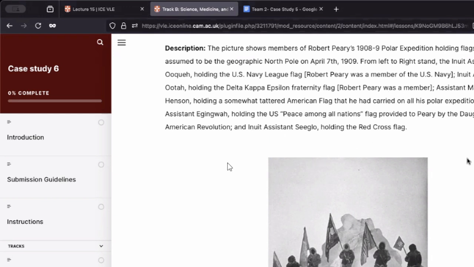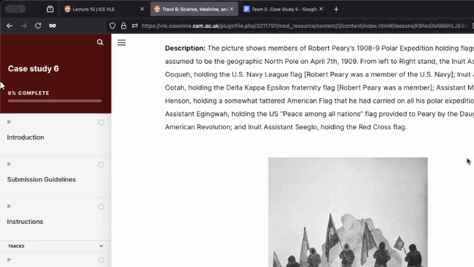Yeah, there's a Navy flag, because Robert Peary was a member of the US Navy. Would you also say that there's absolutely national pride, but also a sense of personal pride? Peary's taken flags, and also institutional pride.